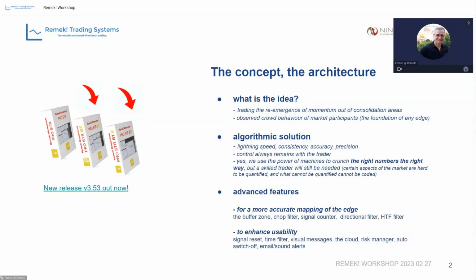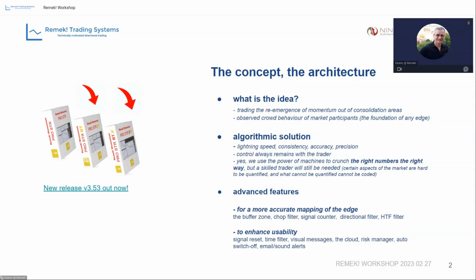You need to have the skills. The software will calculate the right numbers at the right time, the right way, but a skilled trader will still be needed. One reason is that certain aspects of the market are hard to quantify. So there's always room for human decision, but the heavy lifting will, to a large extent, be done by the software.